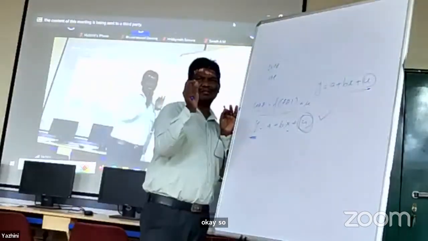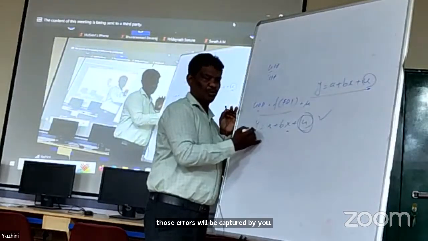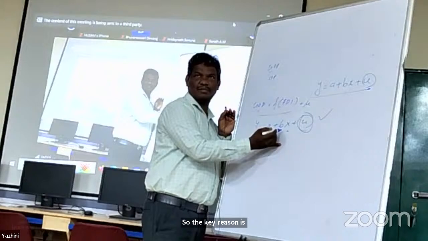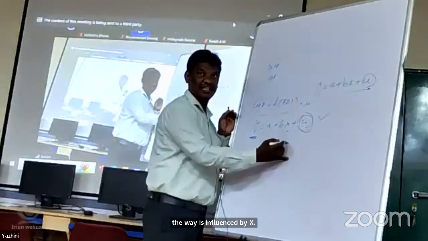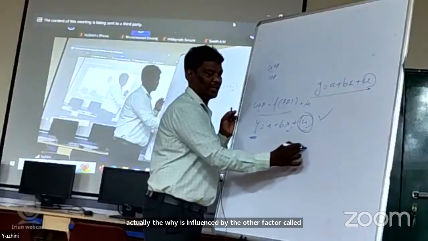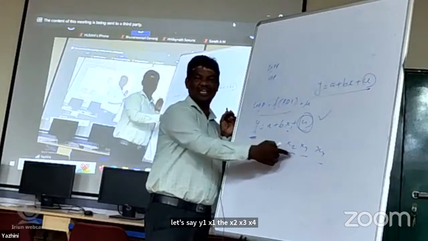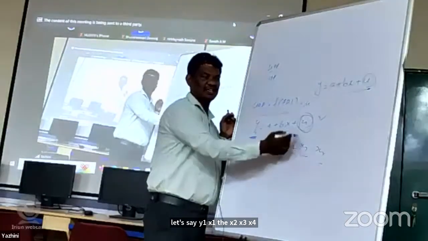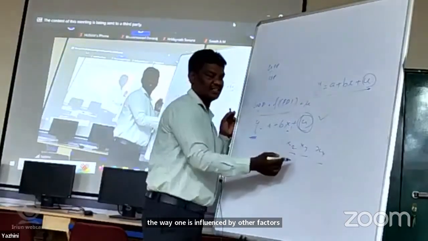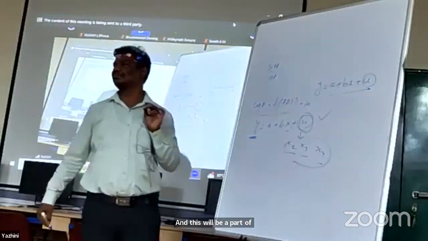So the key reason is that y is influenced by x, but actually y is influenced by other factors, let's say x1, x2, x3, x4. Those other factors are not taken into consideration, and this will be a part of u. That is the main reason.